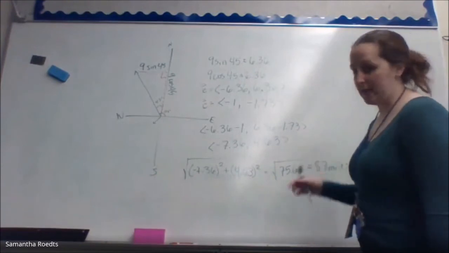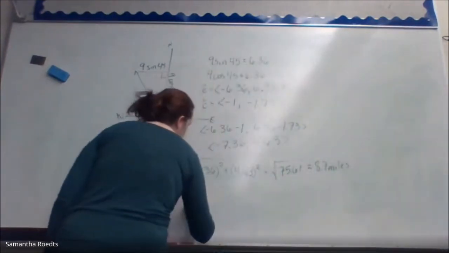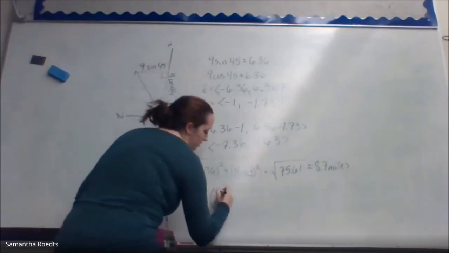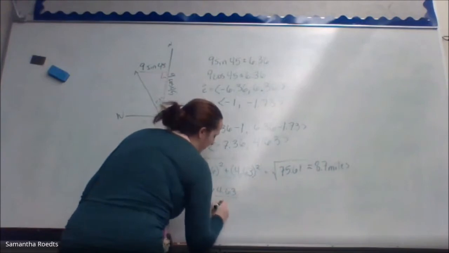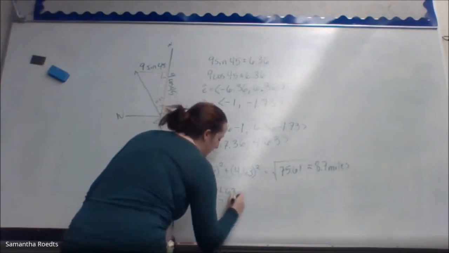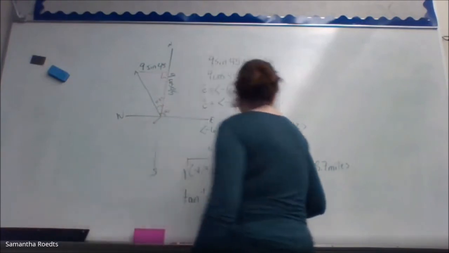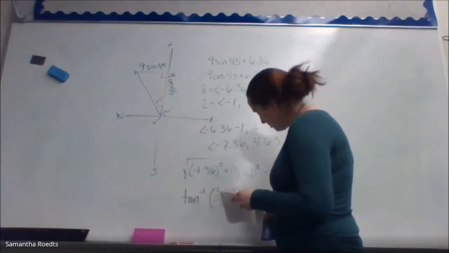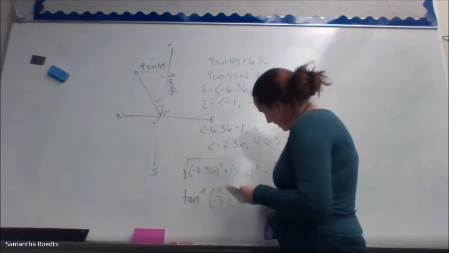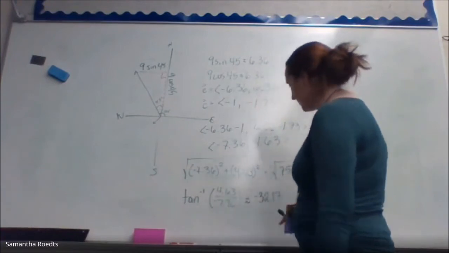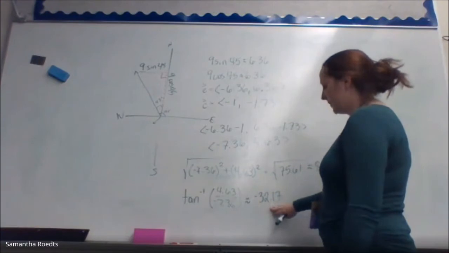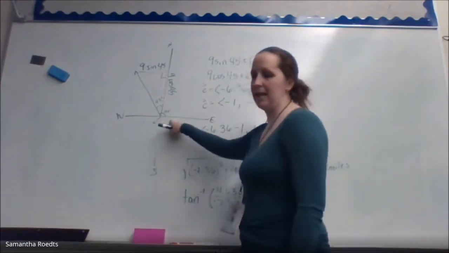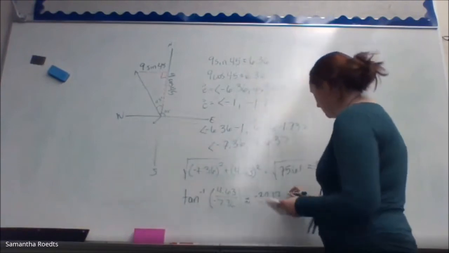My direction, I'm going to take the inverse tangent of my y value, 4.63, and my x value, negative 7.36. This is going to give me approximately negative 32.17. I don't like negative numbers. Okay. I'm going to add 180.